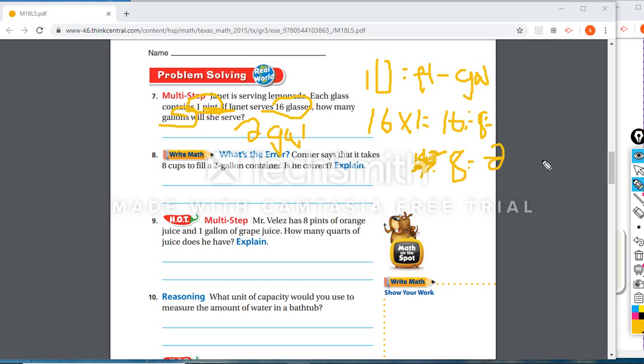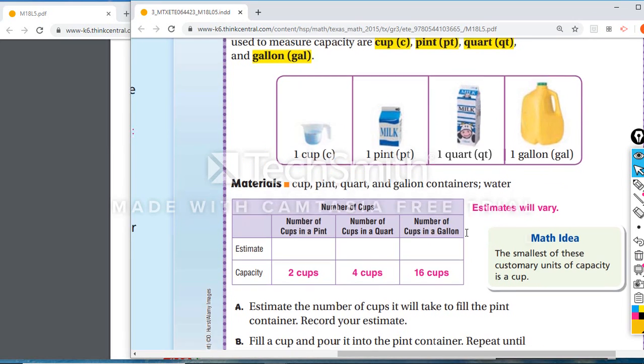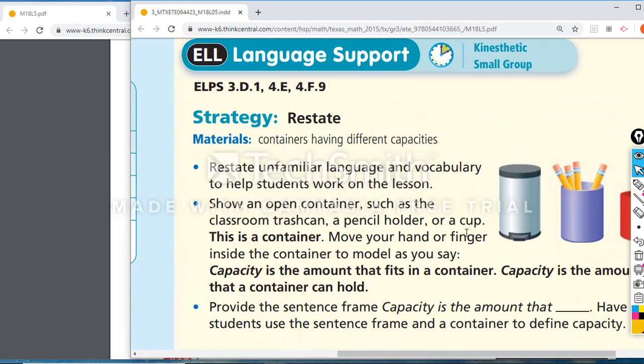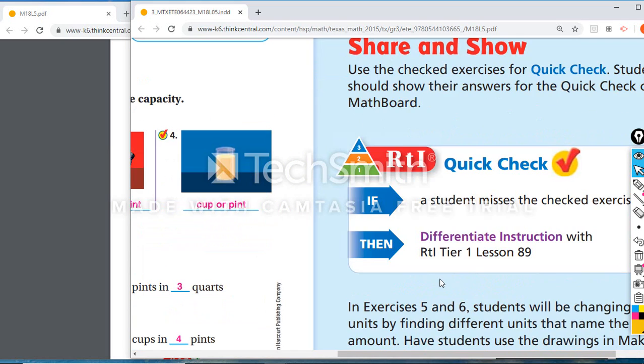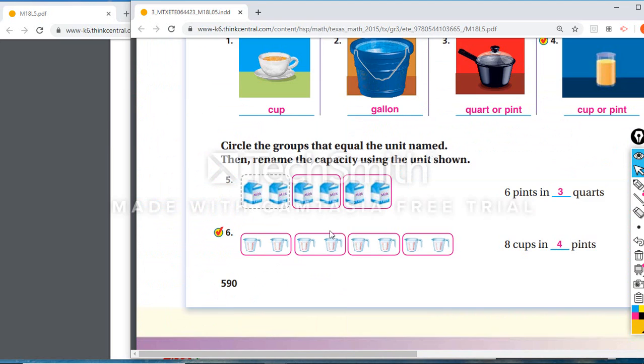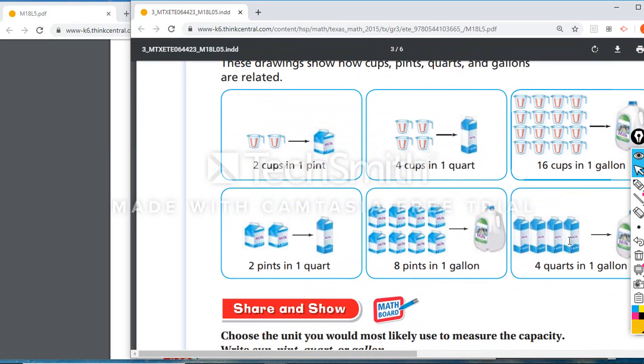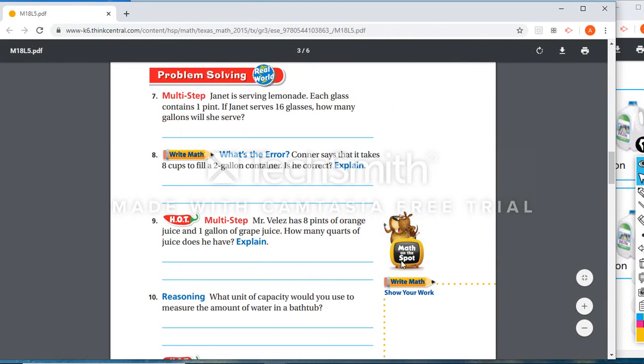Go back to your picture here, and this is going to be your friend. So it's 4 quarts make a gallon. And once you start visualizing this, getting it in your head, you're going to be okay.